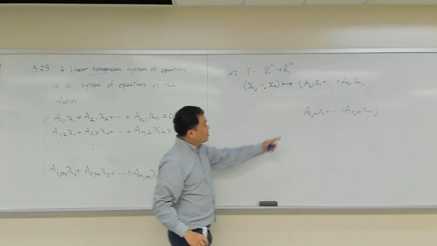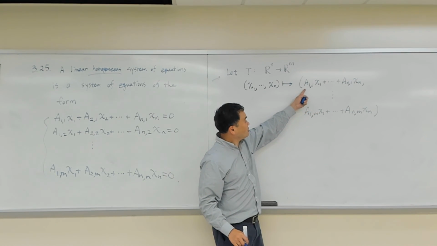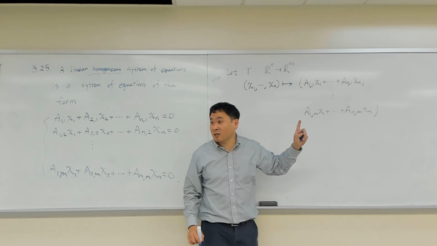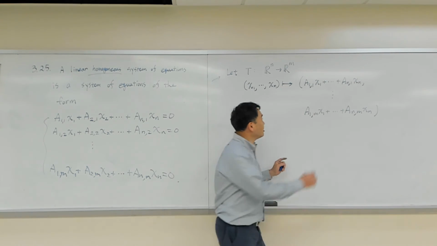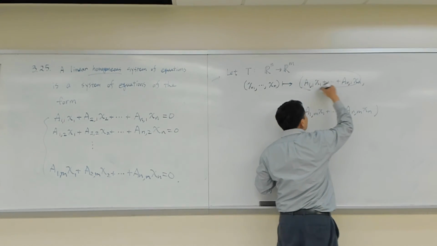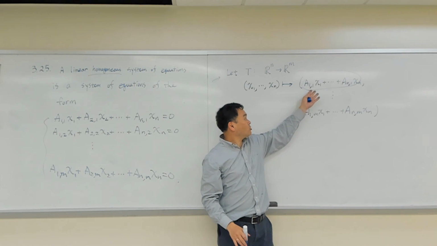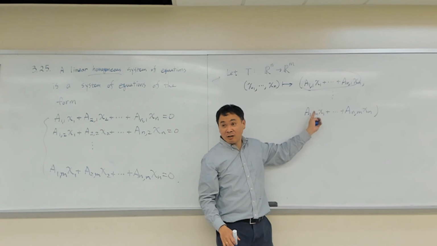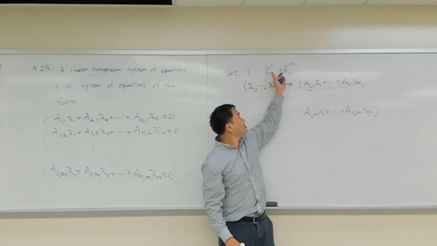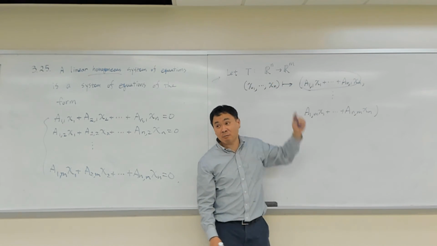Definitely this results in how many components? M components. So that's m real numbers. This is a single number. You compute this, you get a single number that way, right? So you get 1, 2, 3, 4, all the way to m. So definitely this gives you a map from Rn to Rm.